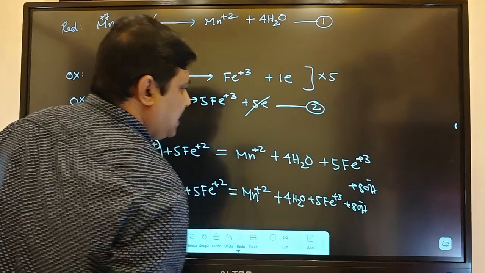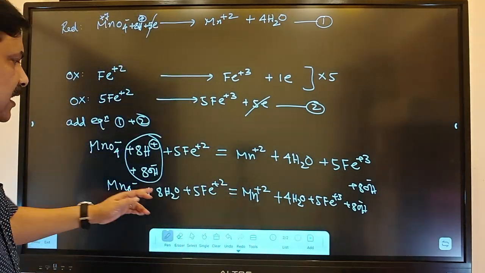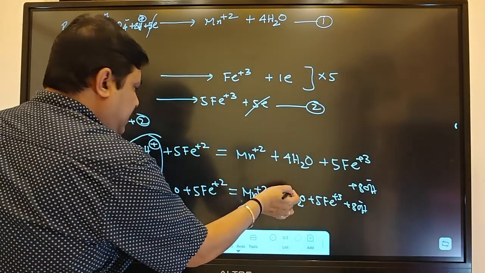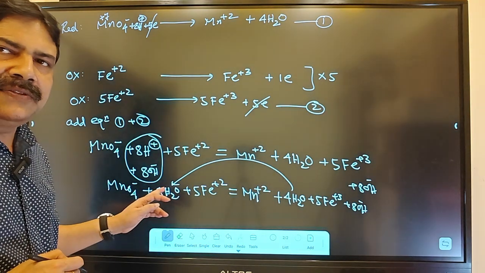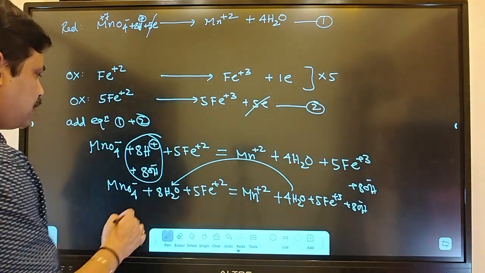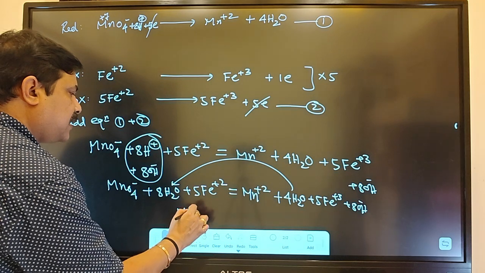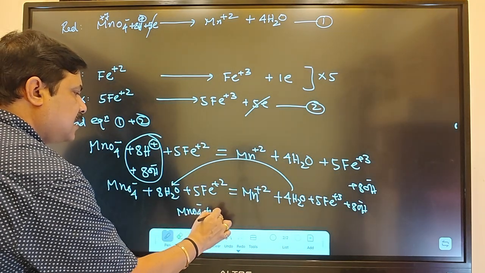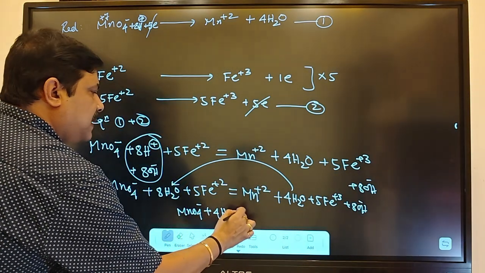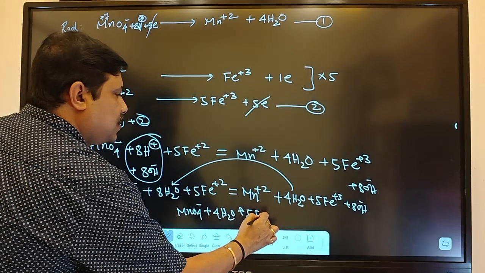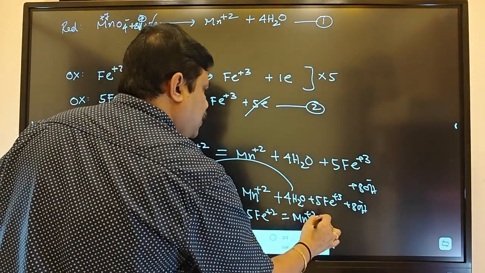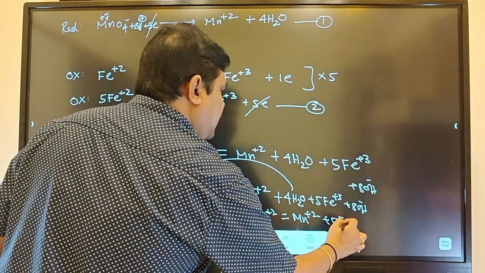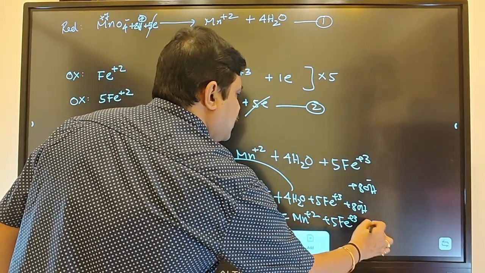Now you look, on your product side 4H2O, on the reactant side 8H2O. If you bring this 4H2O to this side, 8 minus 4, then effectively on the reactant side there will be 4H2O. So if I write down that equation: MnO4 minus plus 4H2O plus 5Fe plus 2 equals Mn plus 2 plus 5Fe plus 3 plus 8OH minus.